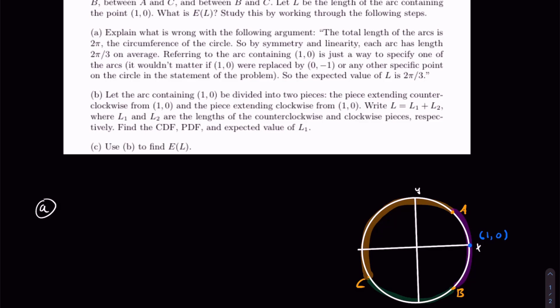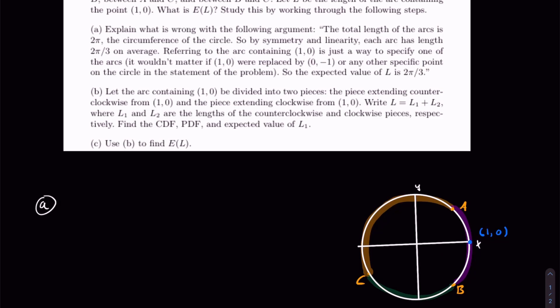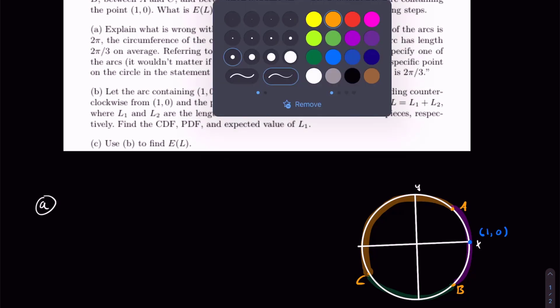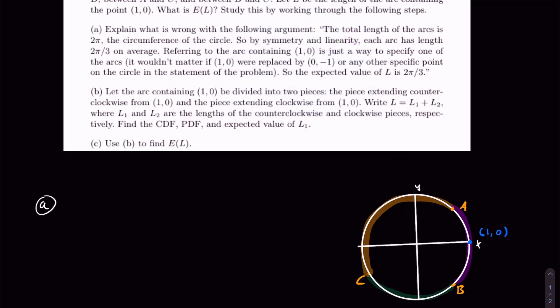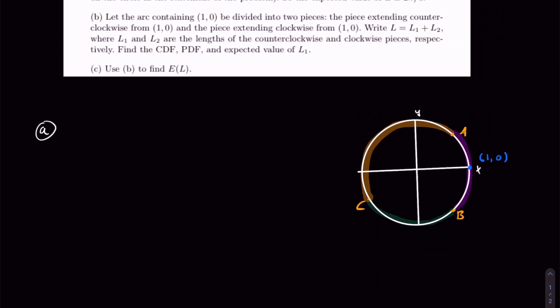The thing is that it's not true for the arc that contains this point.